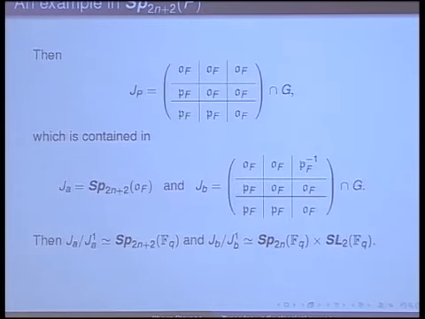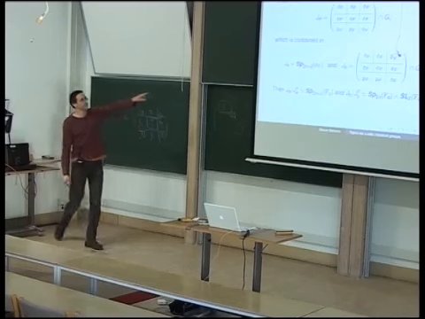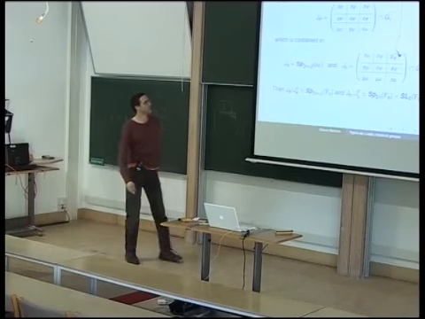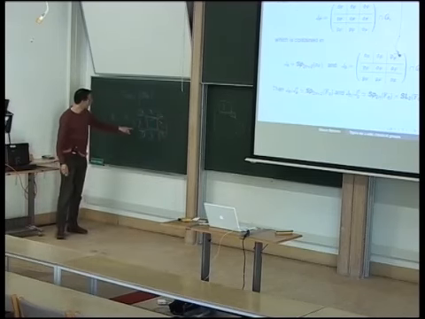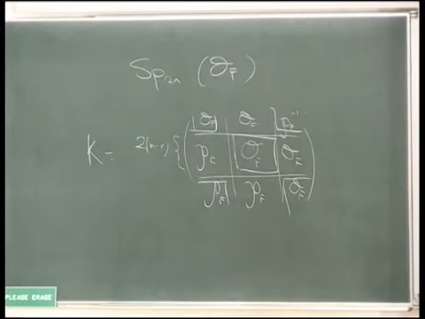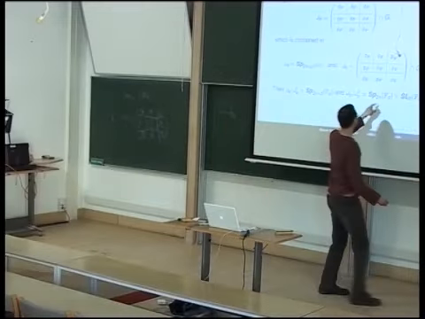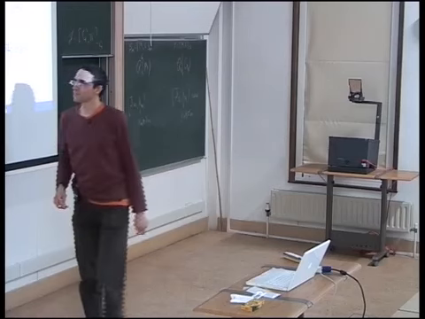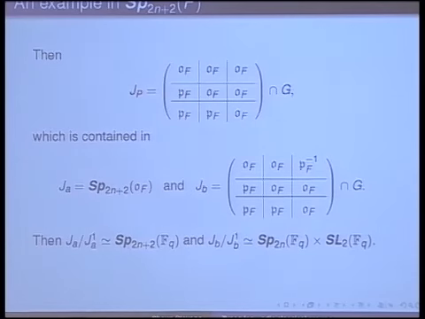It's contained in SP 2n plus 2, and also in this one where this block size is size 2. Okay, and the quotients: we have one which is SP 2n plus 2, and the other one a product of two symplectic groups, where the smaller one has size 2.